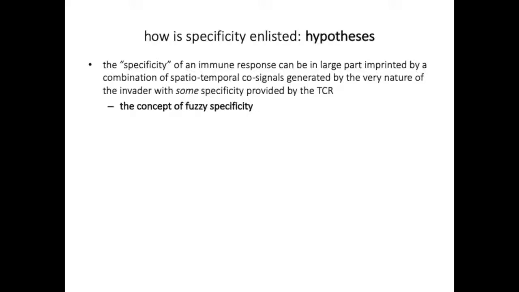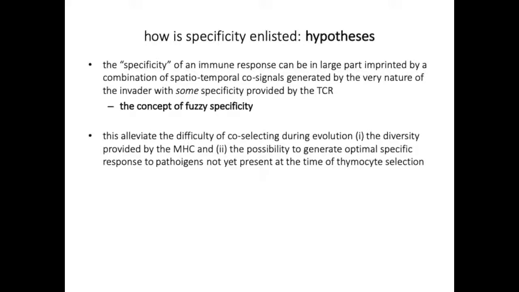And in the end, to be activated, maybe you just have to go through an integrated threshold that doesn't need to be so specific. I'd like to propose that what's going on is that you only need a kind of fuzzy specificity to be activated, meaning if your TCR recognizes something but the signals around are strong enough, you're going to be activated.